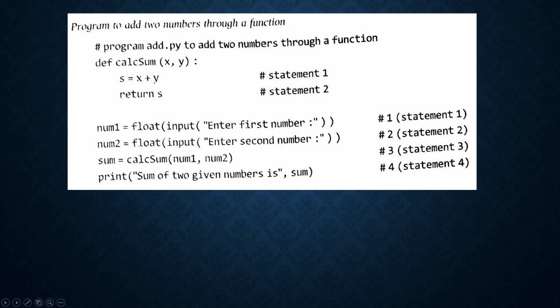Return s means return 7. The return statement returns the answer to the same instruction, sum = calculate_sum(num1, num2). So sum copies the value 7, and it prints: sum of 2 given numbers is 7.